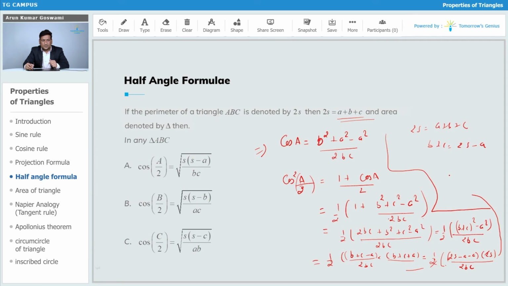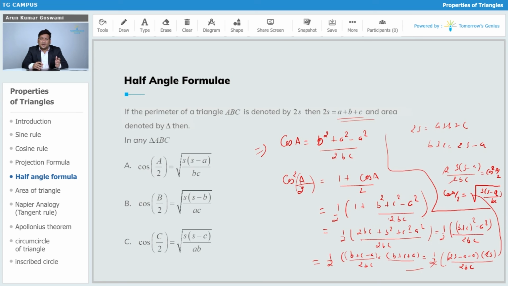Finally, taking 2 common, s into (s minus A) whole divided by 2BC, 2 cancelled out. So what we got is equal to cos square A by 2. So cos of A by 2 is nothing but under root of s into (s minus A) divided by BC. Okay, this is what we got, my first cos.